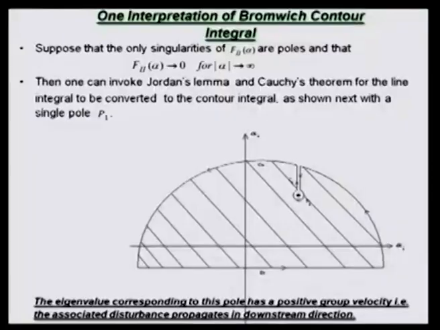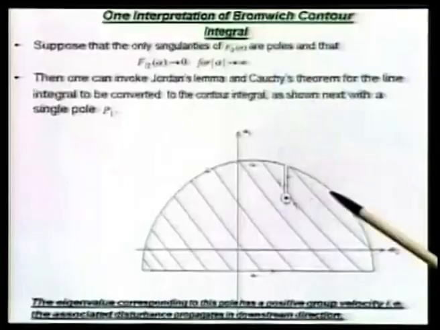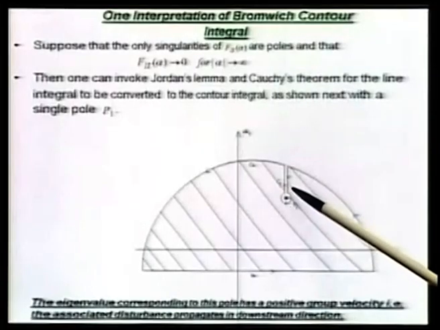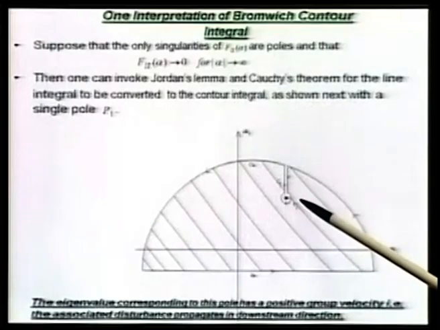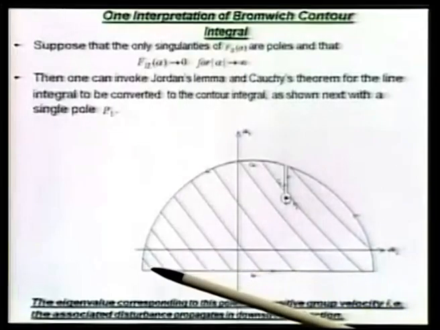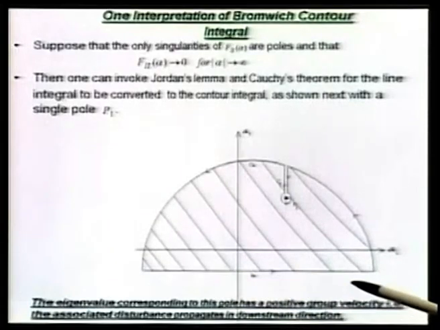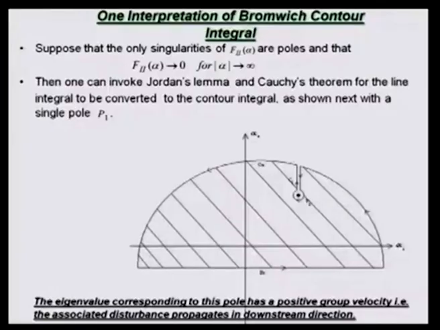So, what happens is this integral plus this integral equal to 0, but then what have we done? We have to also include the contribution coming from there. So, that contribution goes to the right hand side. So, what happens is then integral along this Bromwich contour in the presence of Jordan's lemma is equivalent to your 2 pi I times sum of the residues. That is your Cauchy's theorem, right. So, that is how we go about it.